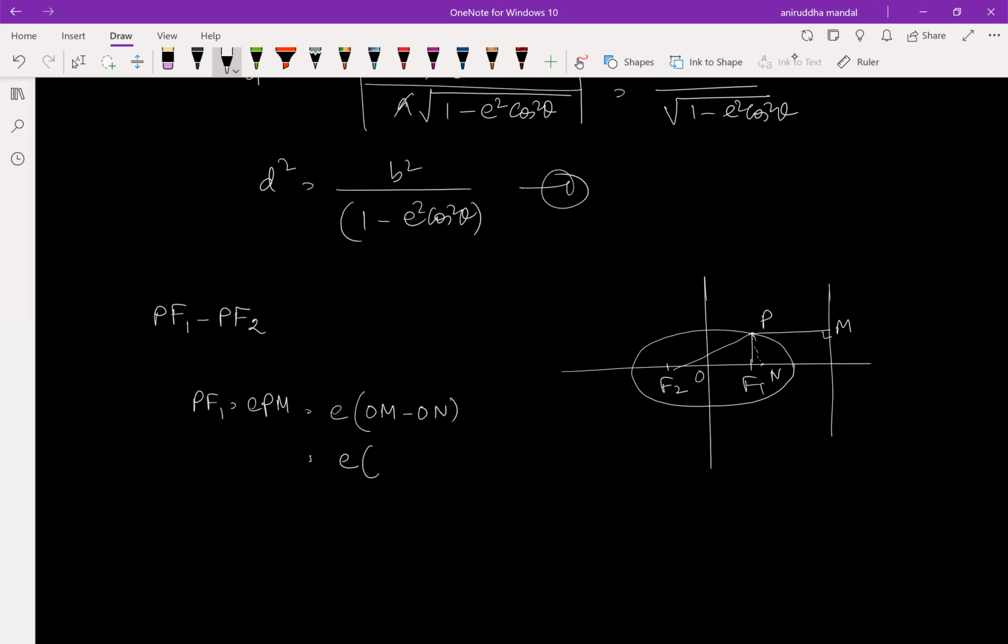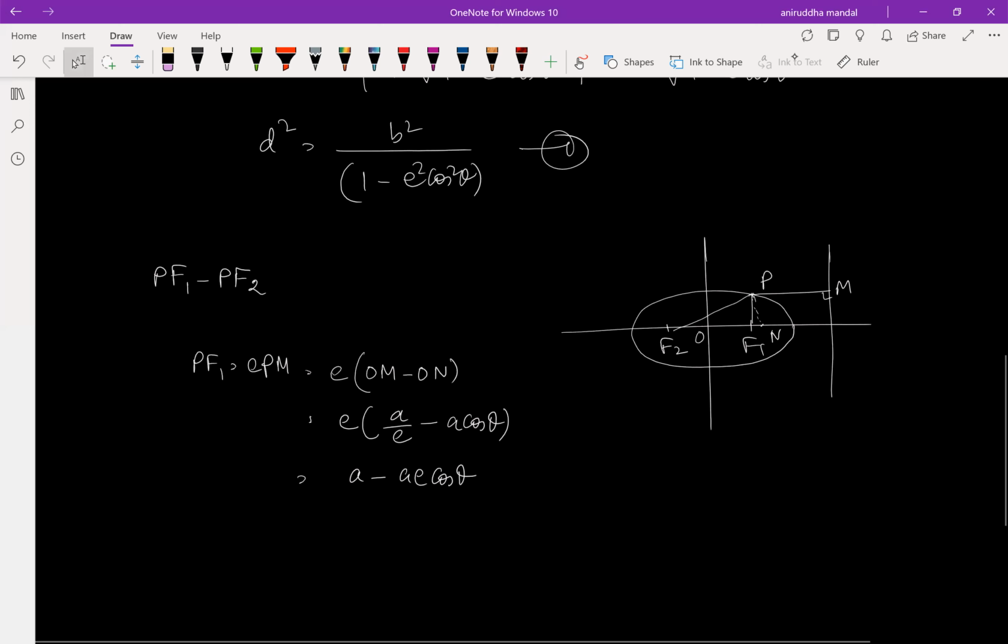So om is the equation of the directrix, so this is a by e minus, and on is a cos theta. If we multiply this by e, we can write this as a minus ae cos theta. Similarly pf2 can be written from the other side as a plus ae cos theta.